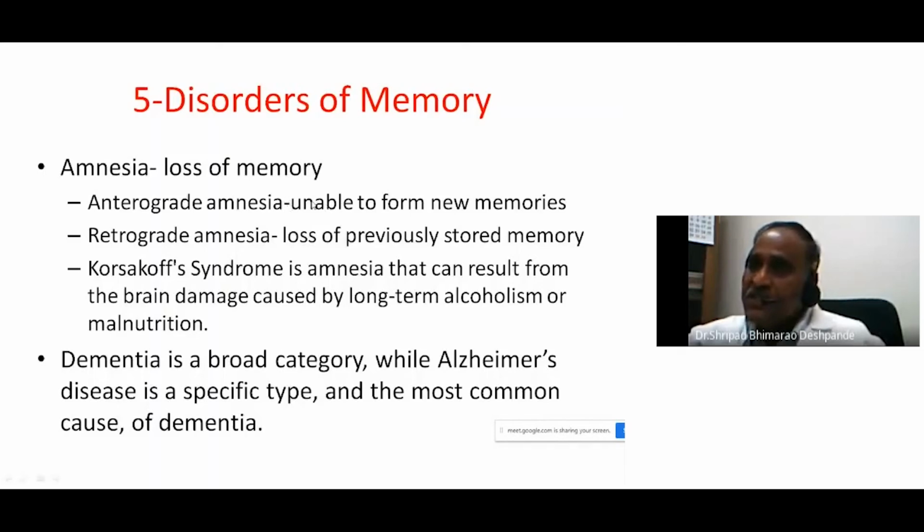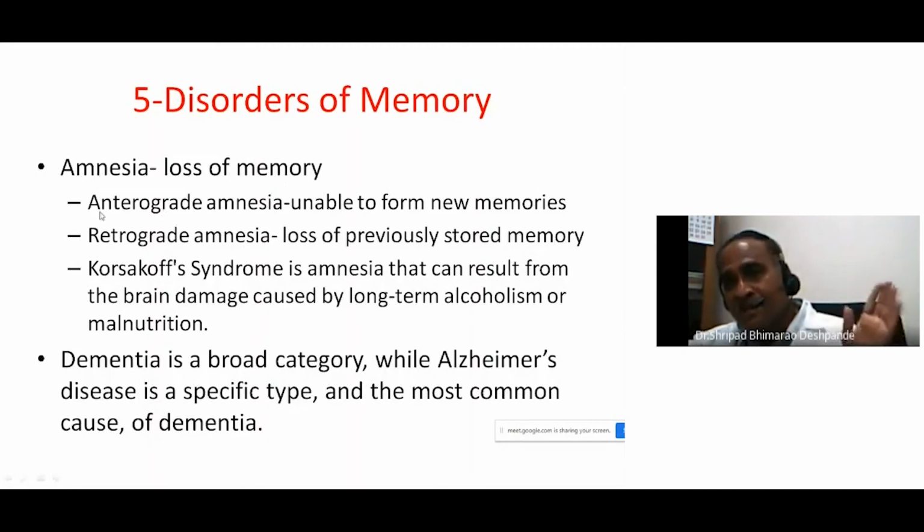In this situation, they are unable to form any new memories, but they have the intact previous memories. Retrograde amnesia, on the other hand, is a loss of previously stored memory. So there are two types of amnesia: anterograde amnesia and retrograde amnesia.